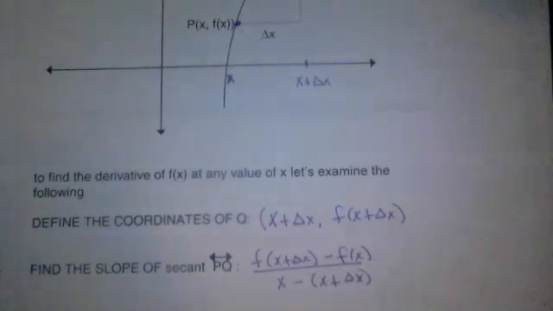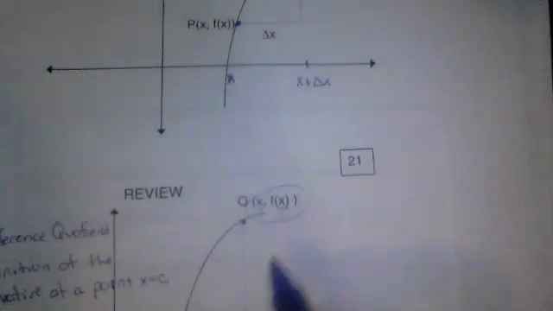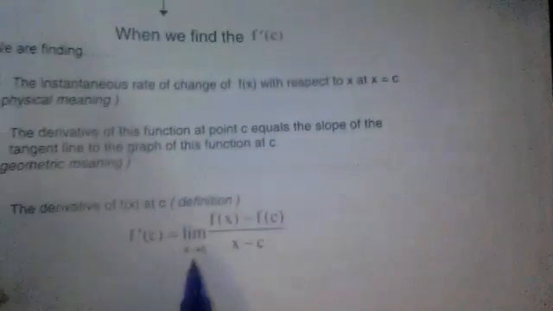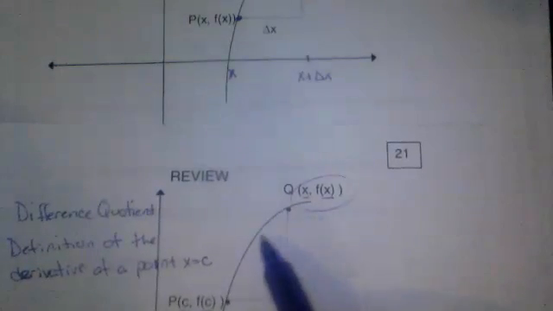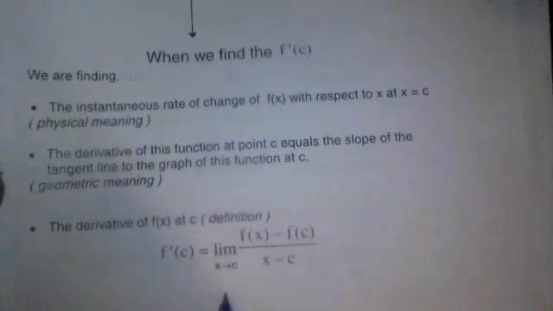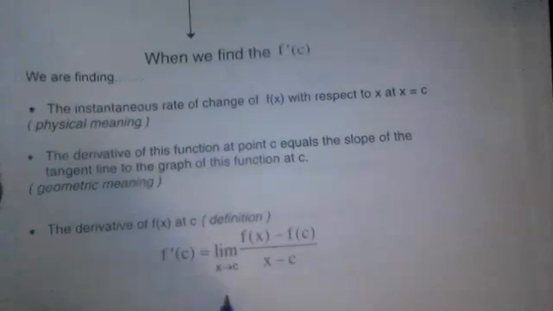Now in the difference quotient, or the derivative at a point, we just took this point and just kept moving it in closer and closer by taking the limit as that x value approached c. As x approached c, we just brought this x in closer and closer and closer to c. We knew the closer we got, the more accurate the slope would be at that point.